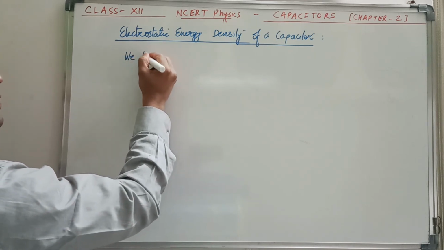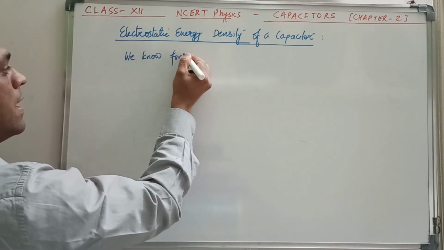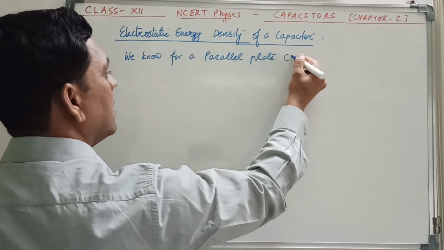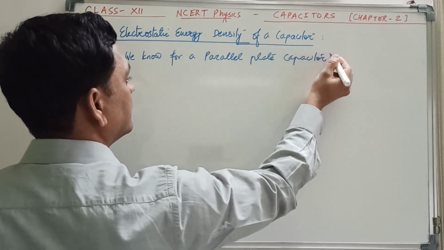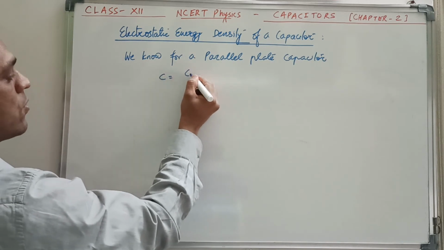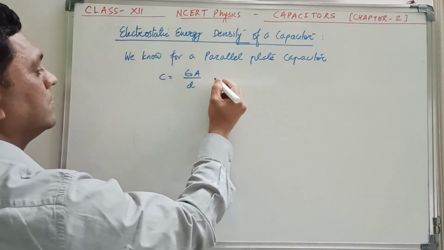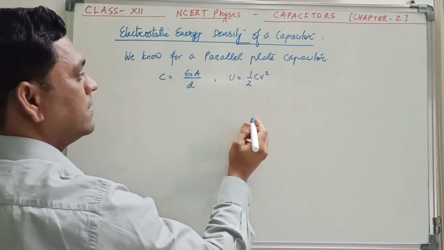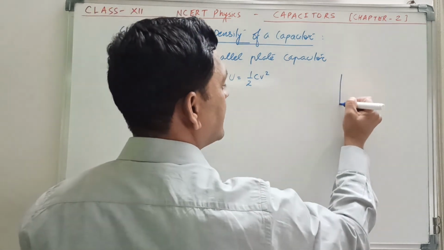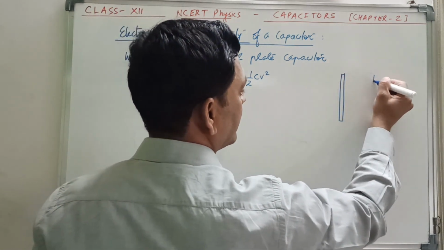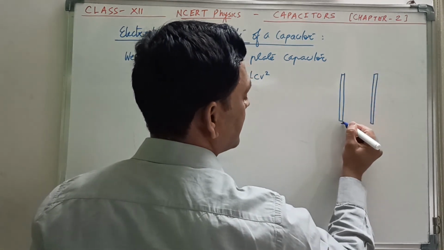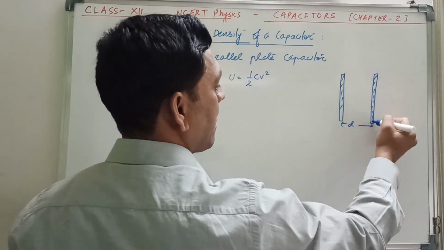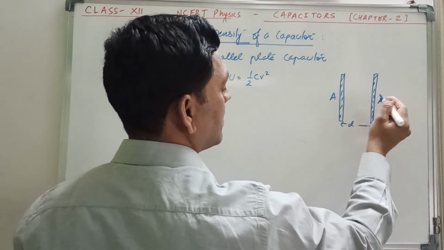We know for a parallel plate capacitor, capacitance C is equal to epsilon 0 A upon D, and the energy stored is half of CV square. If I take these to be the plates of the capacitor, the separation between them is D, and the area of cross section of the plate is A.